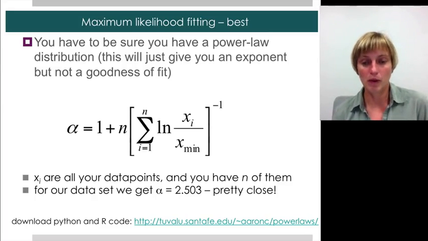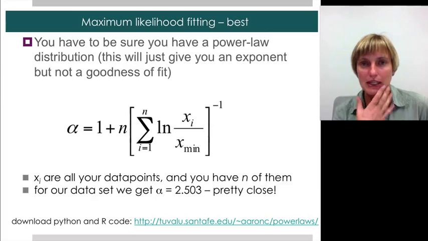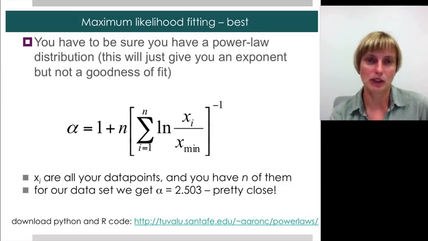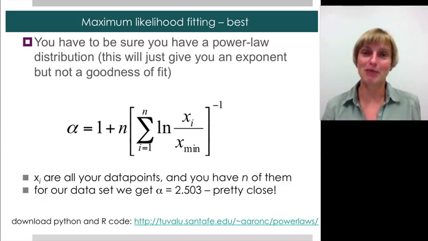And if you want to use this kind of a method, you can download, and I'm going to provide the link separately, from Aaron Clauset's site. And it's basically Python and R code, you can use either one. You don't have to use both, even MATLAB code, I think.